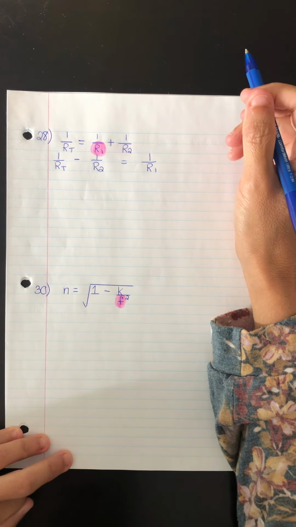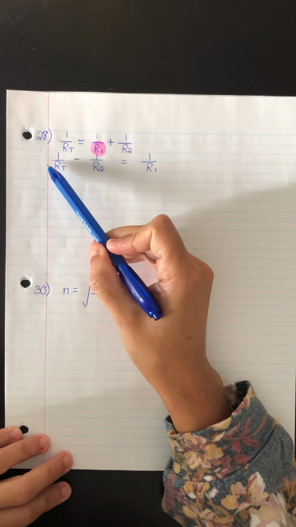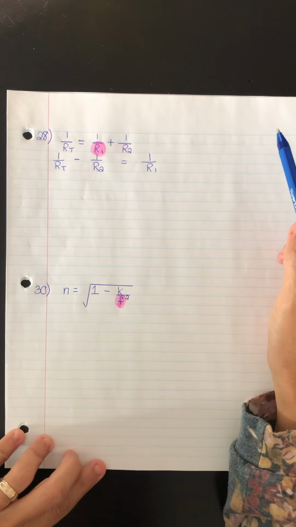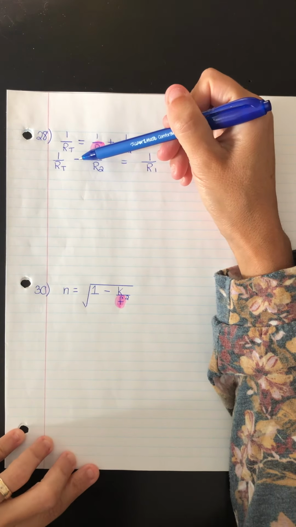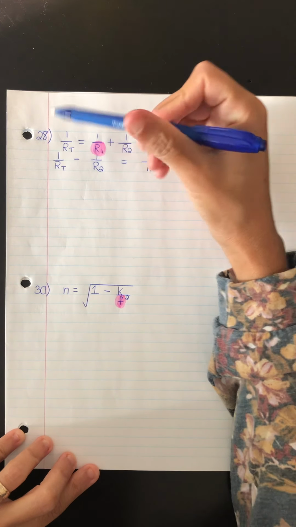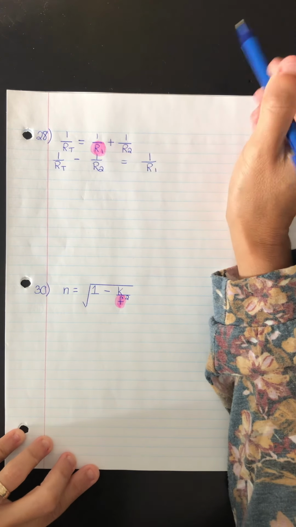So what we're going to do is make this a proportion. So we have to combine these two fractions into a single fraction. You might remember that when you add or subtract fractions, you need a common denominator. So here the denominators are RT and R2.